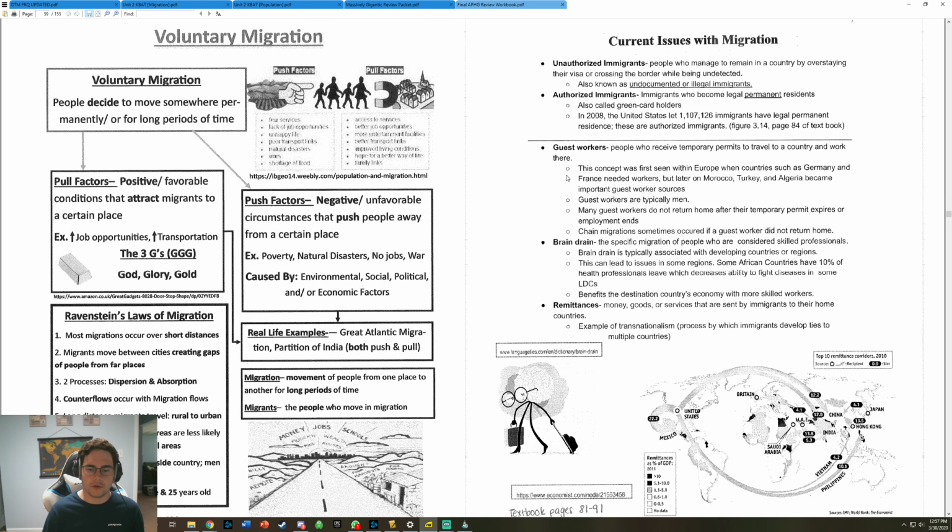Guest workers are people who have temporary permits to come work in your country. Example: Germany after World War II, completely devastated, needed a lot of rebuilding, which meant a lot of labor. So they got Turkish guest workers to come work in Germany, and they were supposed to go back. Spoiler alert, most of them didn't.